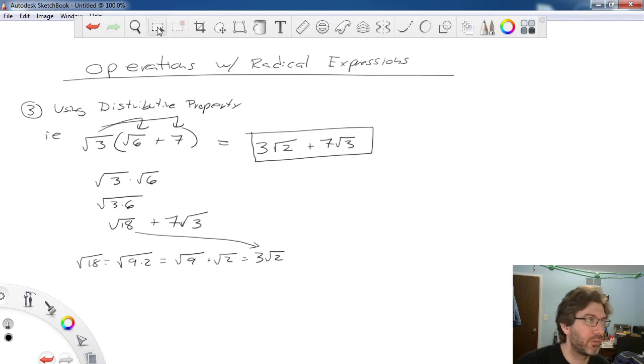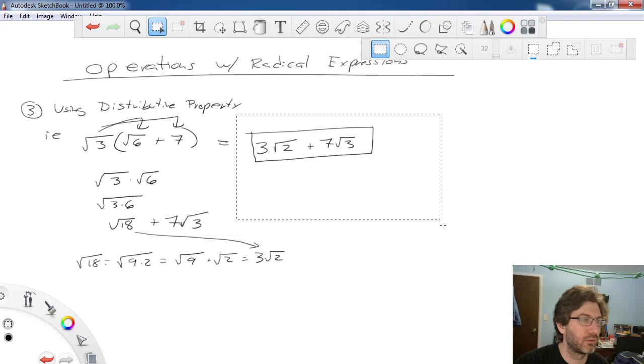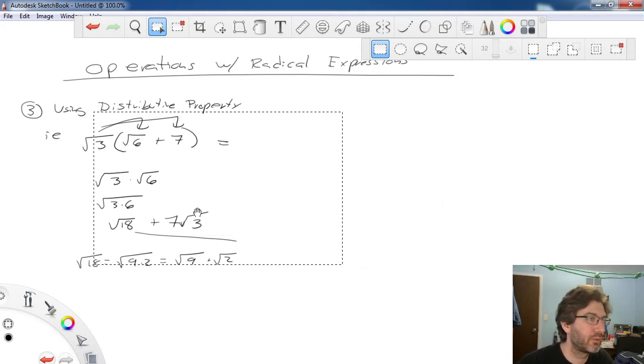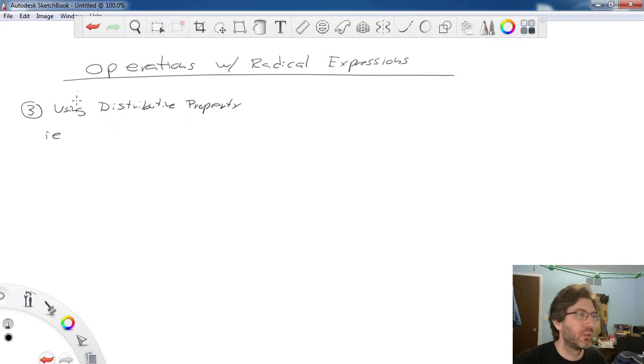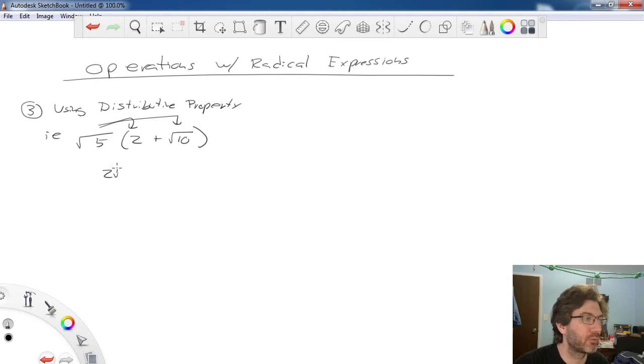So let's get another example of that one. We get the square root of 5 times the quantity 2 plus the square root of 10. And again, you're going to distribute to each of them. So here you're going to get square root of 5 times 2 is 2 square roots of 5. Square root of 5 times 10 is, well, 5 times 10 is 50, so that's the square root of 50. 50 is reducible, so we're going to go ahead and reduce that.